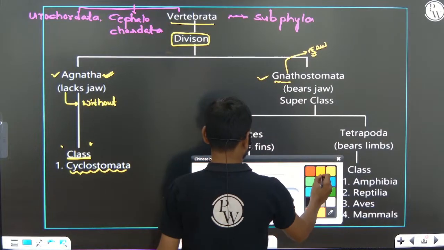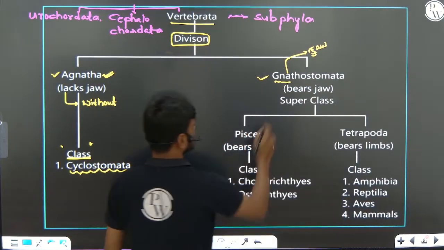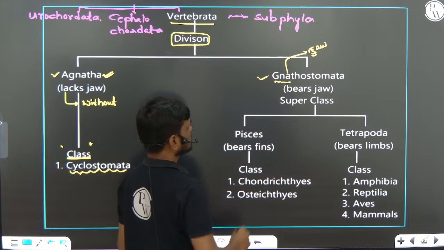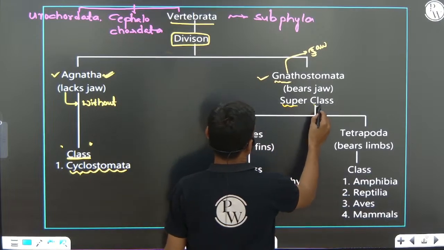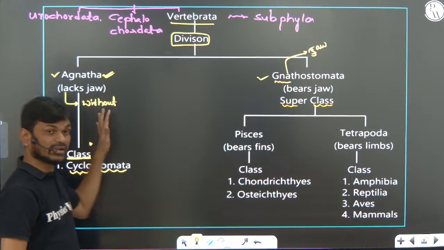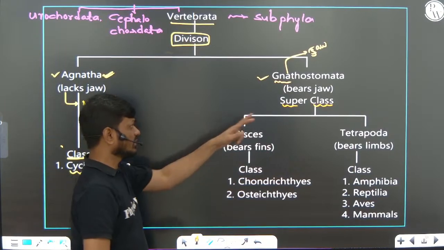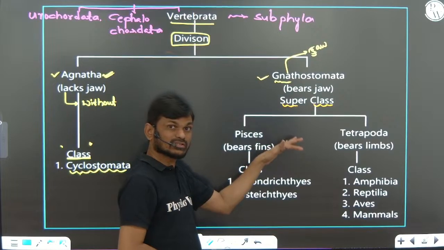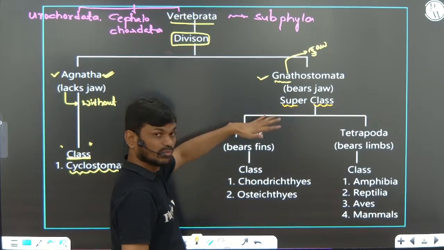But in Gnathostomata there are superclasses. There are no superclasses in Agnatha; it is directly divided into classes. A superclass is superior to, or more than, the class.